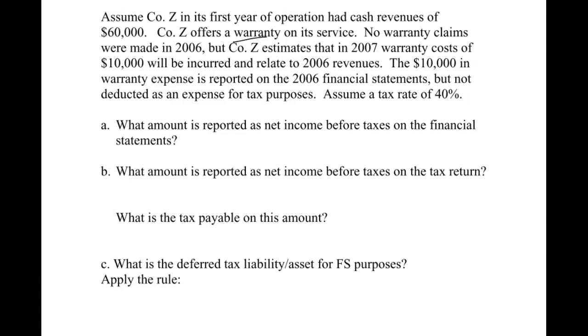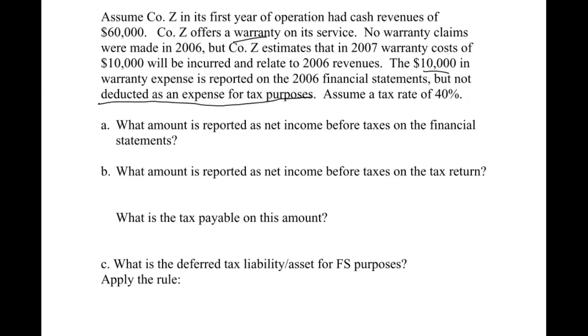All right, so remember, with warranties, we want to match the expense in the period of sale, which means we're going to expense the $10,000 in 2006. All right, but notice here the $10,000, this is what I was saying, is warranty expenses reported on the financial statements, but not deducted as an expense for tax purposes because you don't deduct it until you actually do the work in this example. All right, so what is the amount to be reported?